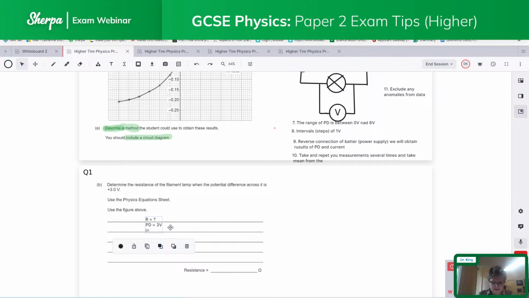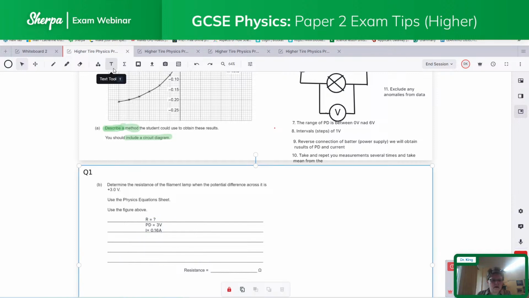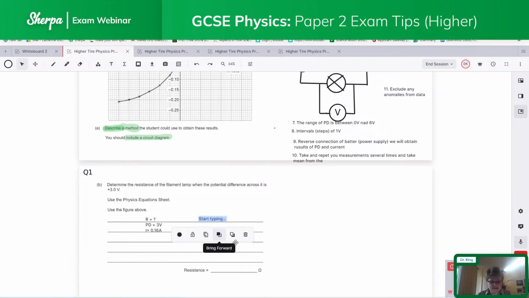Remember, capital and small letters in physics are very crucial. If you write down a small letter A or small letter V, it will give your examiner doubts that you know the units. So we have read the value. If you remember, our equation for calculating resistance is current times potential difference.